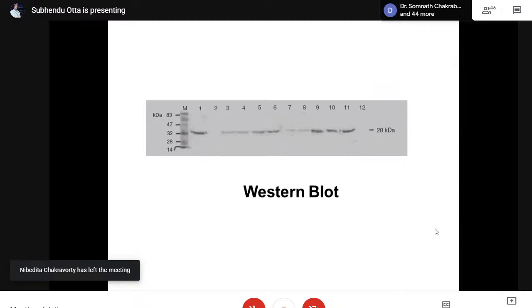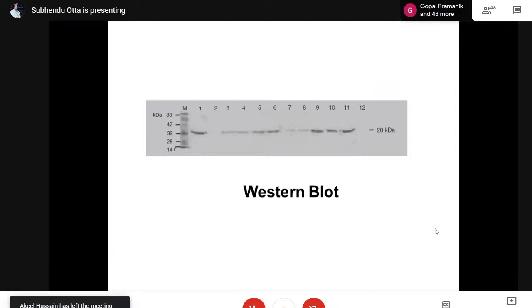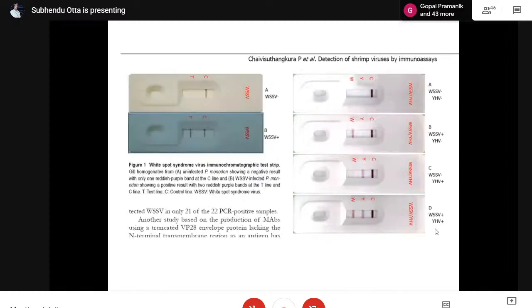Protein-based methods like Western blot: you can develop either polyclonal or monoclonal antibody and target a particular protein, and from that you can do the blot and identify whether the virus is present or not. Some field-side methods like lateral flow assay have also been developed. For example, you can detect a single virus like white spot syndrome virus: if you find a single band it is negative, and if you find 2 lines it is positive.